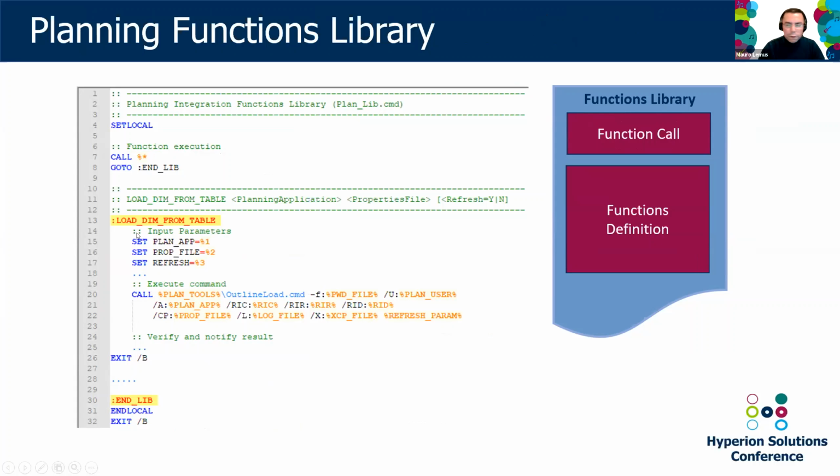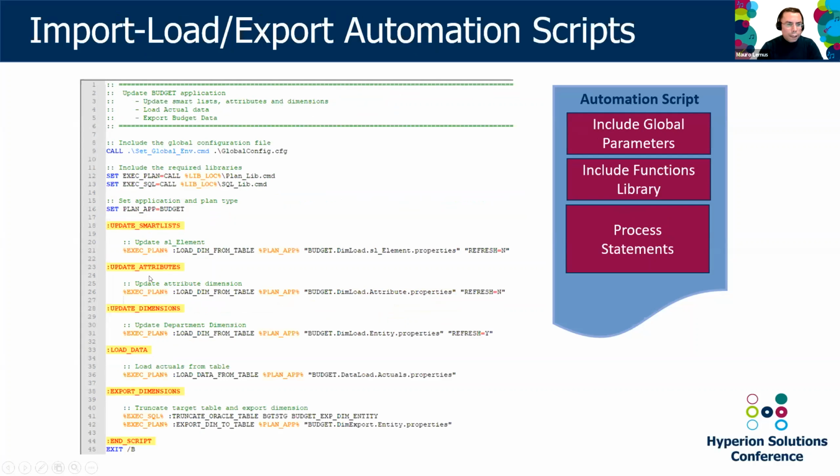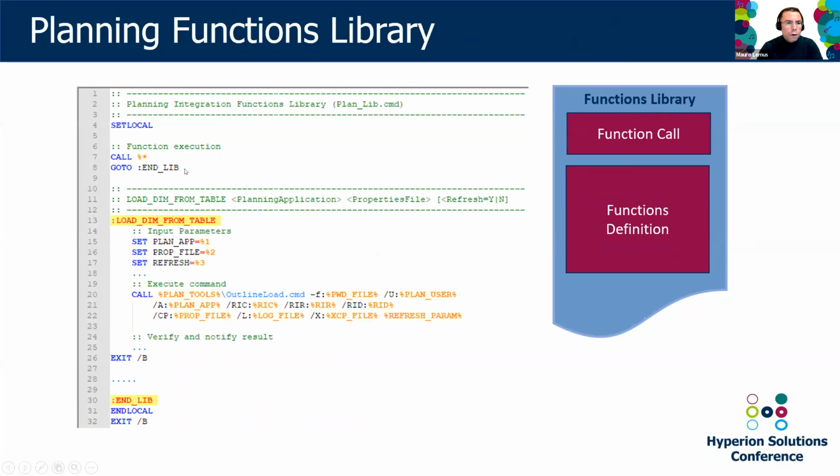So in this case, the first thing that we do in the library is a call. Like here we are calling something, passing all of these parameters. When it comes here, it makes a second call and points to the actual tag for the function.